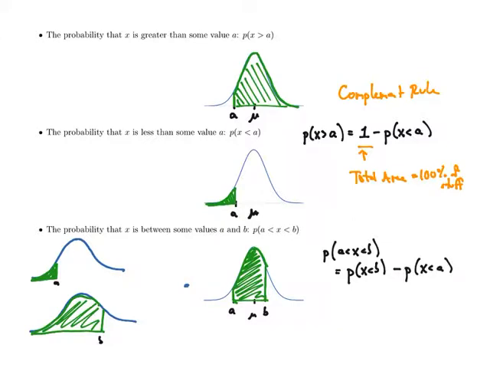We'll talk about why we want to use that in the next couple of pages. If you take this big area corresponding to x less than b and subtract off the part where x is less than a, then we're left with the area that we want to find.